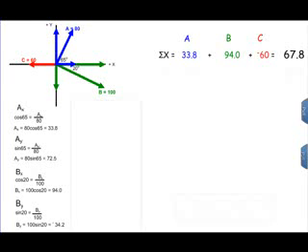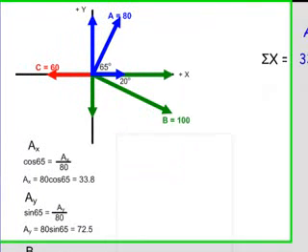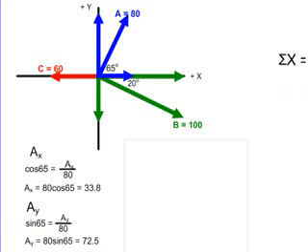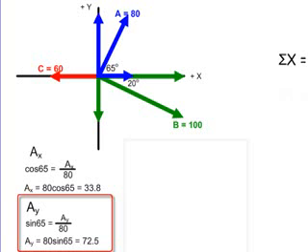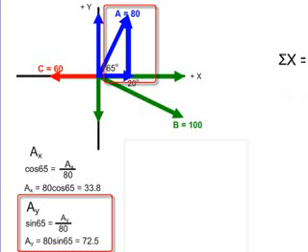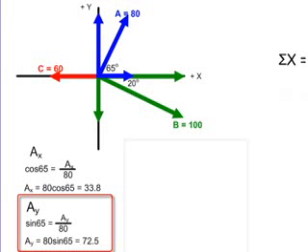You can do the same thing for the y component vectors. If you look at the y component of vector A, A sub y, you'll see that sine 65 is equal to the opposite leg over the hypotenuse. The opposite leg is the y component of vector A. So solving for that, you get A sub y is equal to 80 sine 65, 72.5.